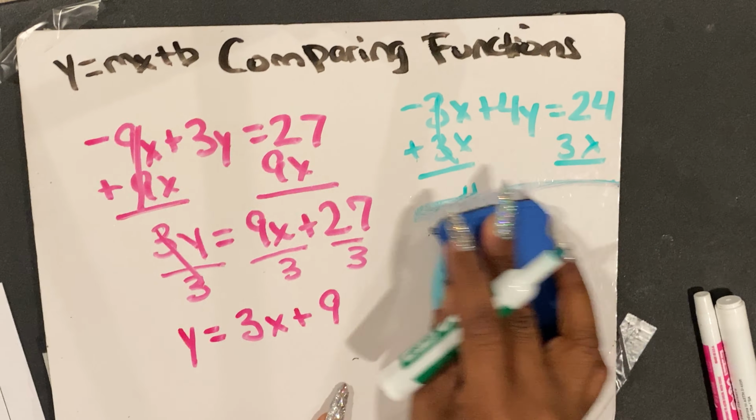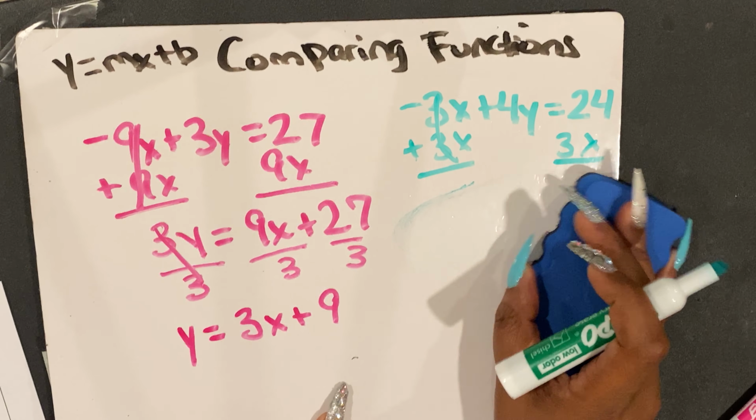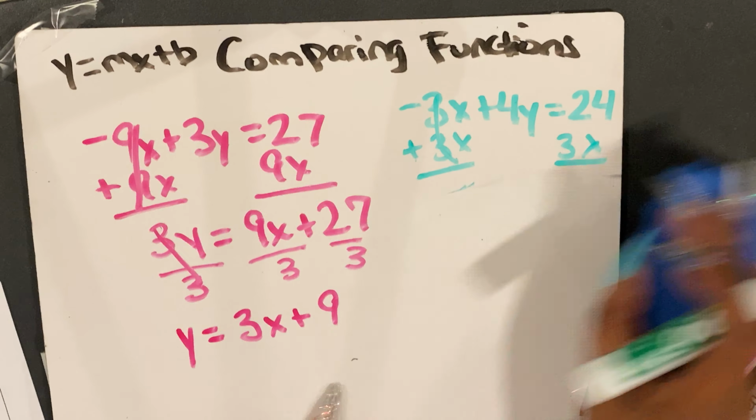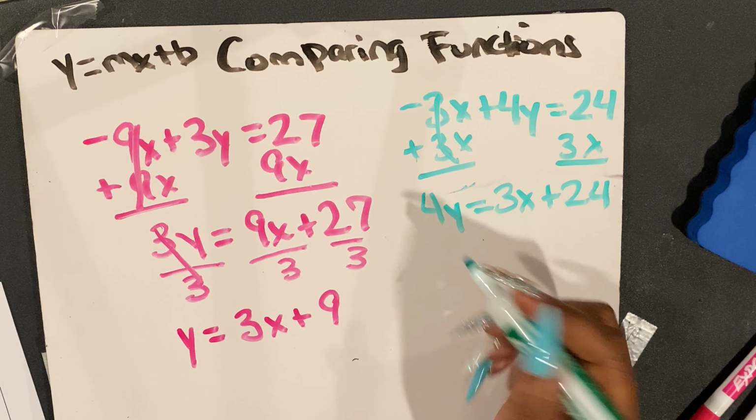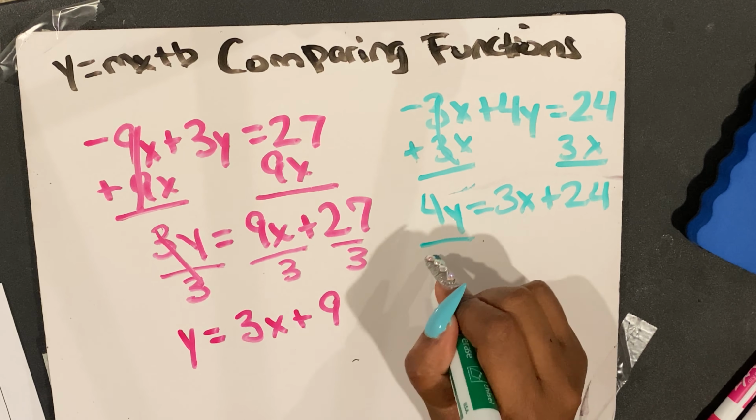Let me scoot that over a little bit. 4y equals 3x plus 24. Divide everything by that coefficient. I end up with y equals 3/4 x plus 6.